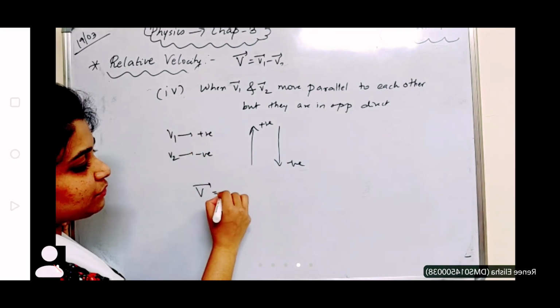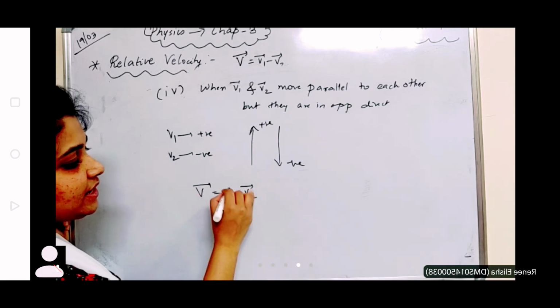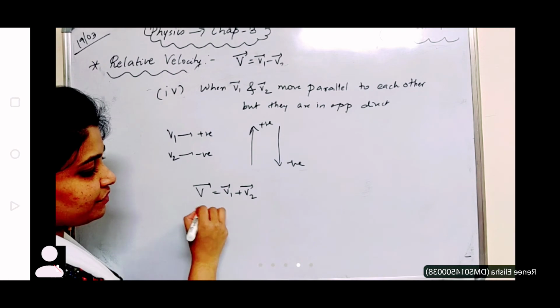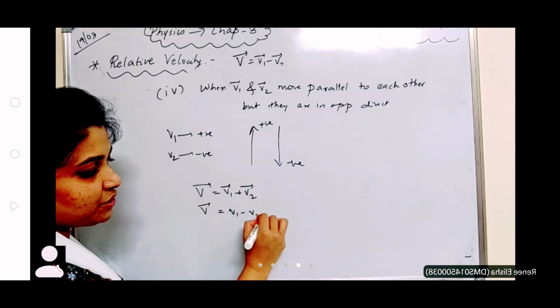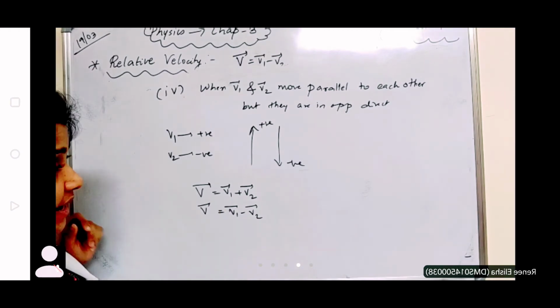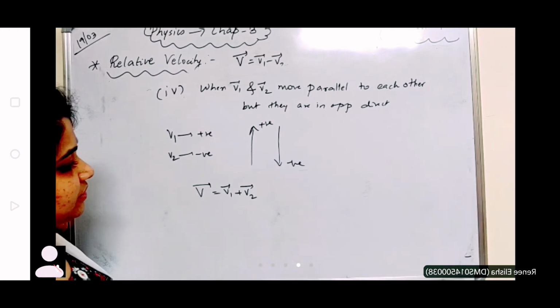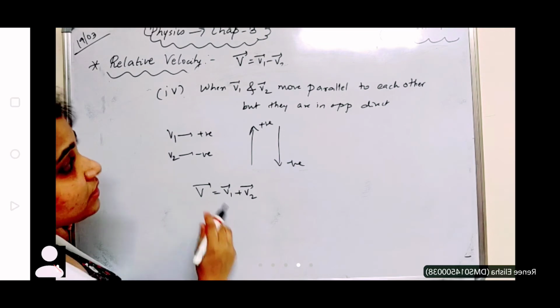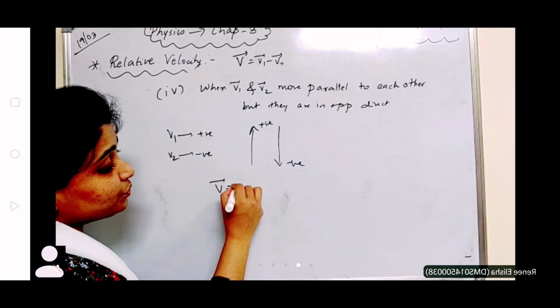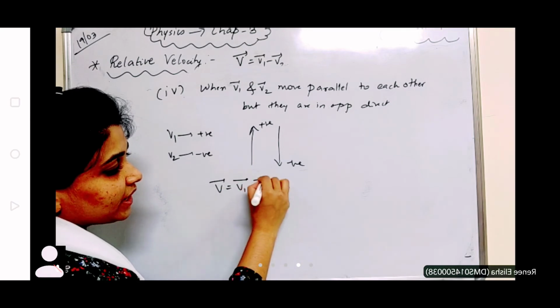We know that V is equal to V1 minus V2, right? V1 is positive and V2 is negative. Oh, sorry, wait. Our relative velocity formula is V is equal to V1 minus V2, correct?